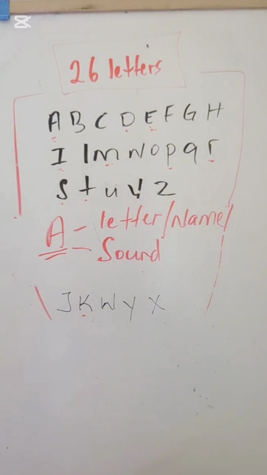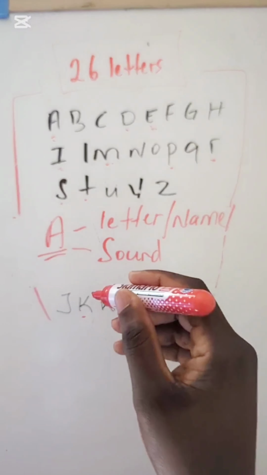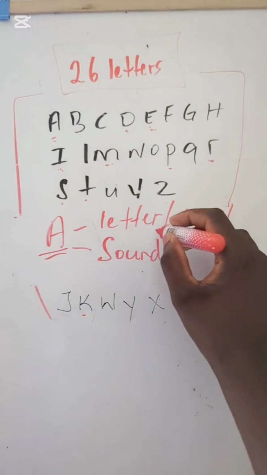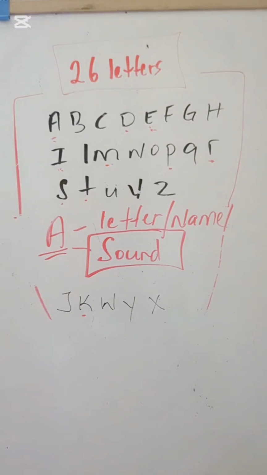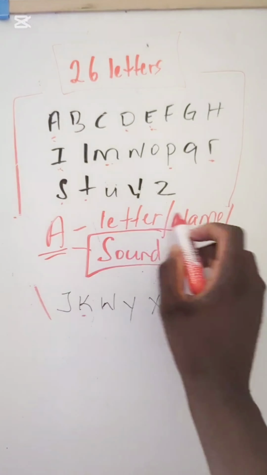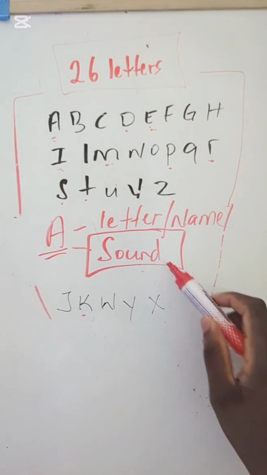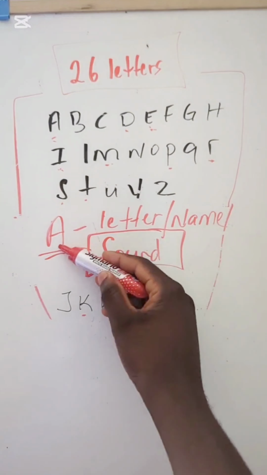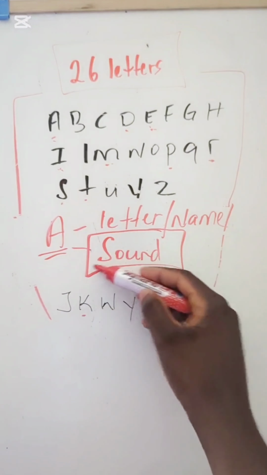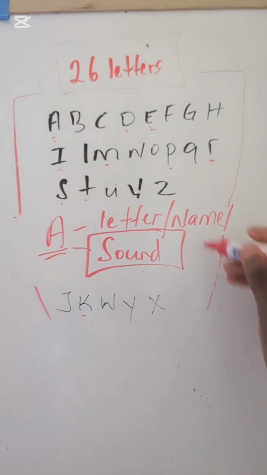Now, if you want to learn how to read, this is what you must learn. You must learn the sounds. Not necessarily the name of these letters, but more so the sound. If reading is what you want to do, you have to know the sound. It's only when you're spelling that you're going to use the name.